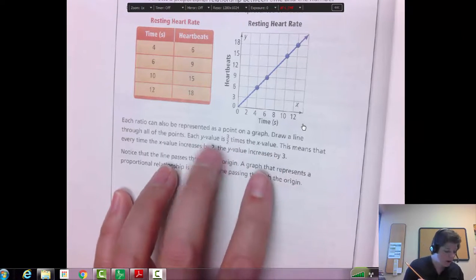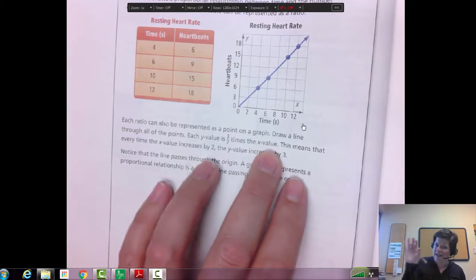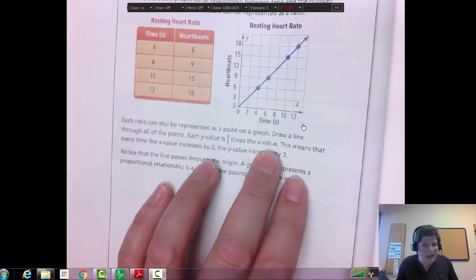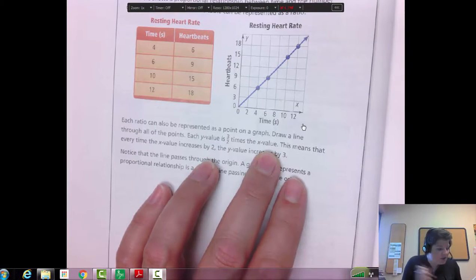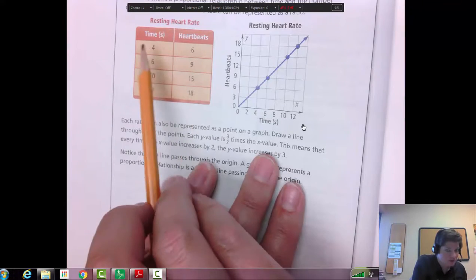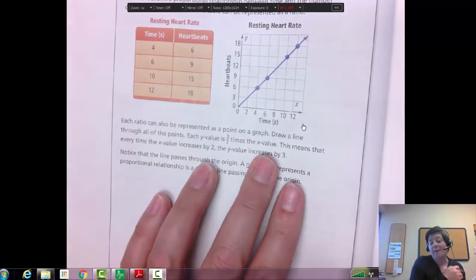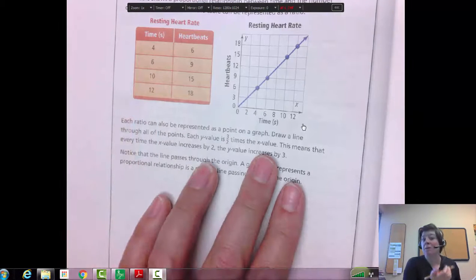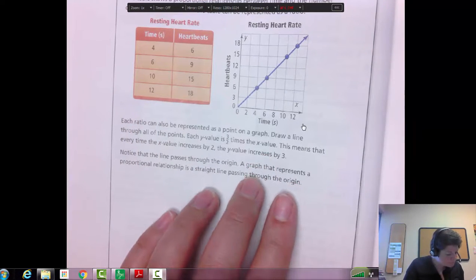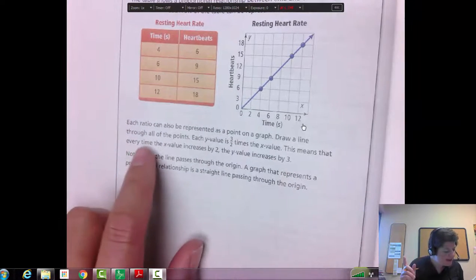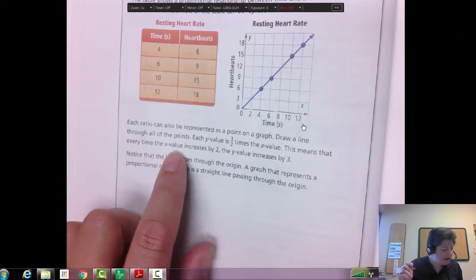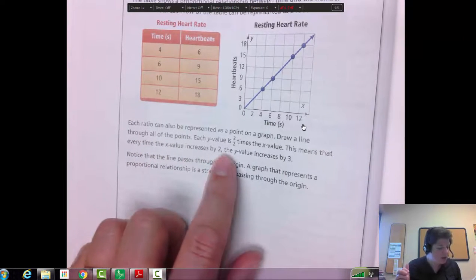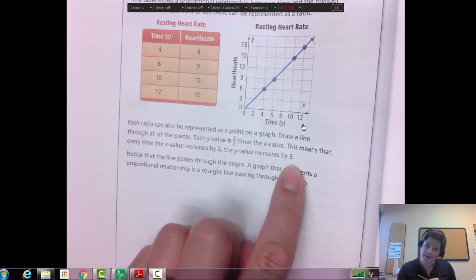So they looked at y to x, we looked at x to y. Either way, y to x is just where we divide the opposite direction. So 6/4 would have reduced to 3/2. 9/6, again, 3/2, and so forth.